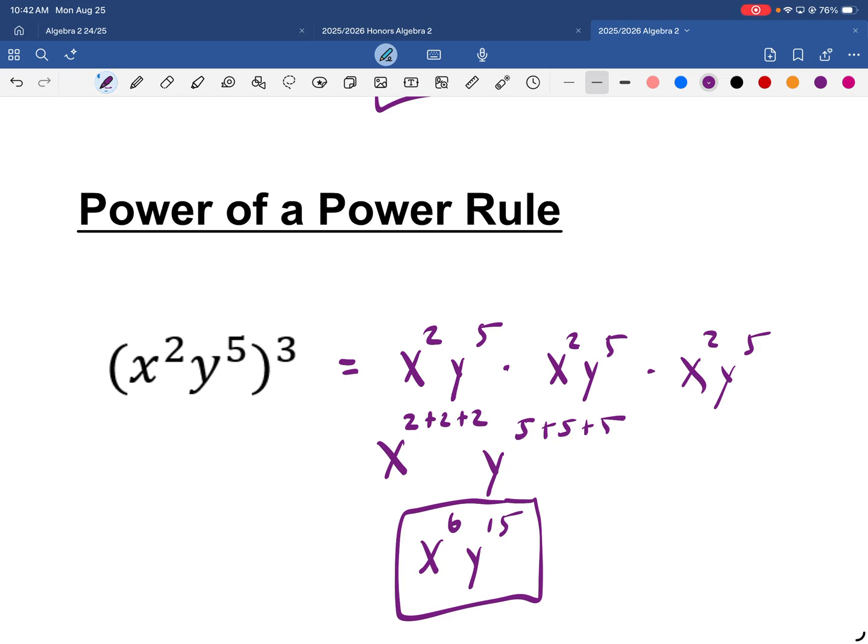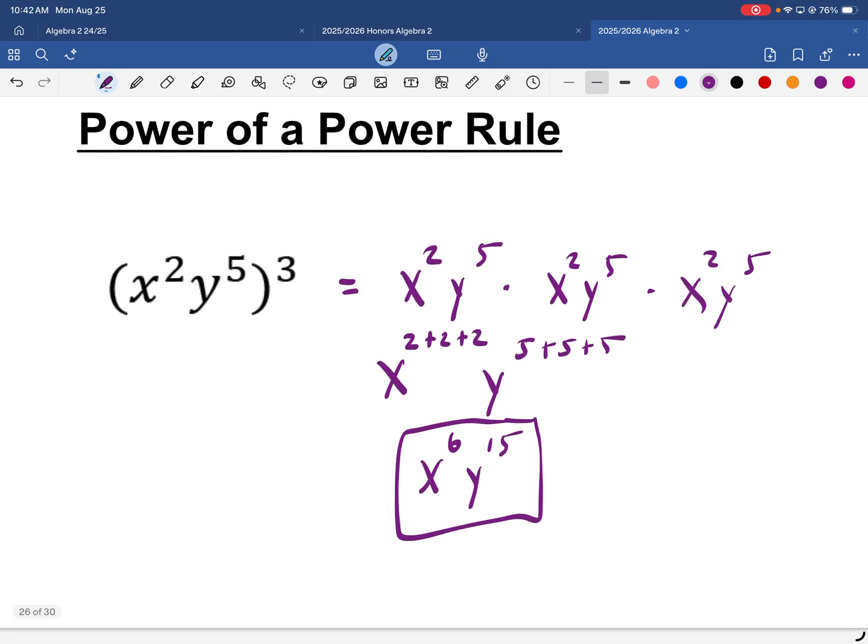This is why it works. Now, I could have taken it further and said this is x times y times y times y times y times y, and so on. Okay? Mathematically, the quick way to do it, which we like better, you multiply the exponents.